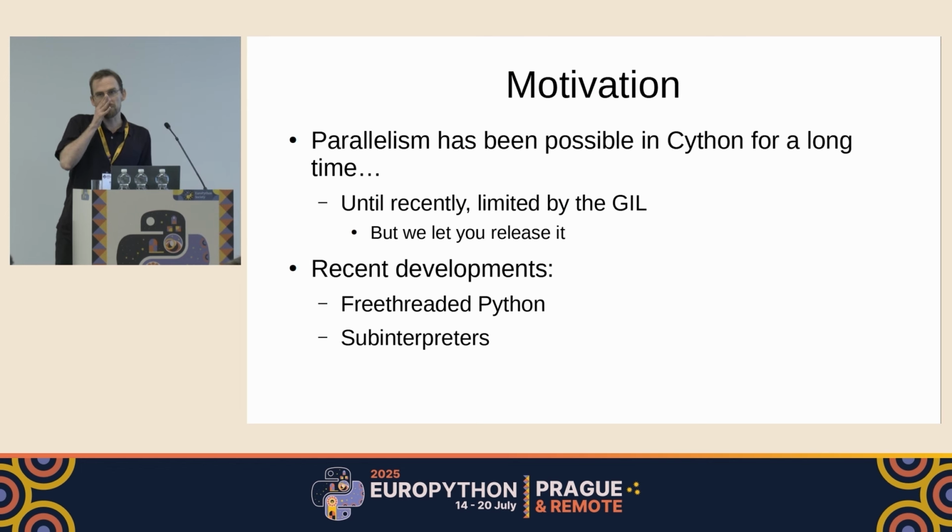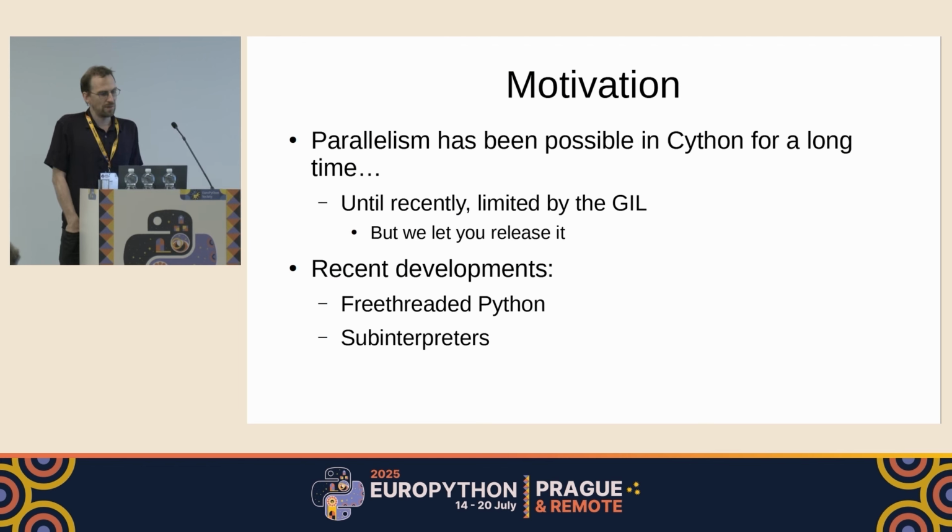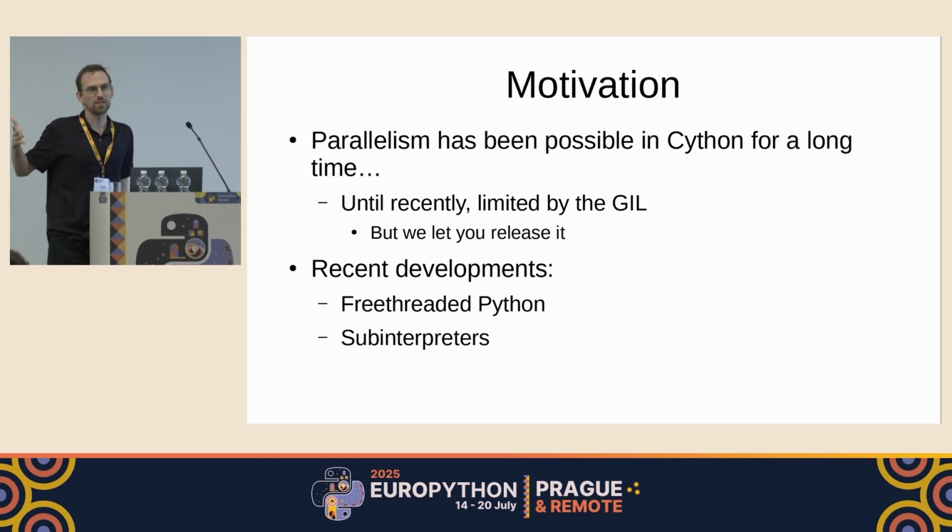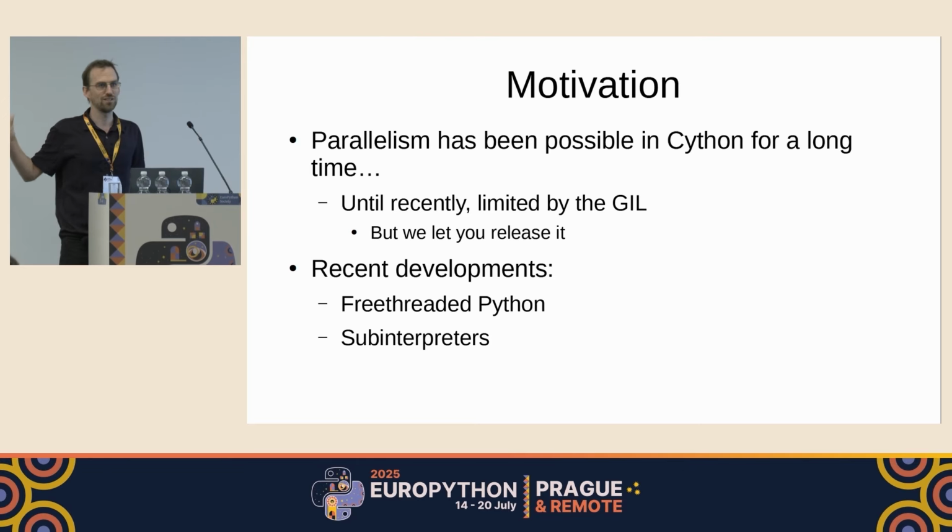The motivation behind this talk is that parallelism has been available in Cython for a long time, and some of you may hopefully have used it, and some of you may not. But until recently, parallelism in Python as a whole has been limited by the GIL, as most of you know.